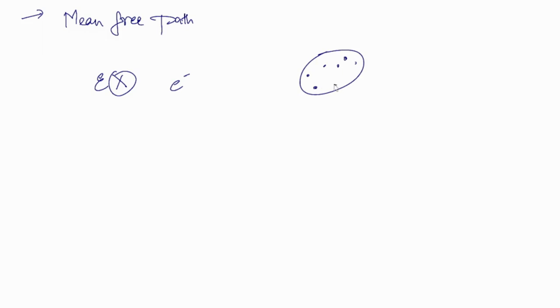These electrons in metal behave the same as the molecules of a gas in a closed vessel, means just random movement.